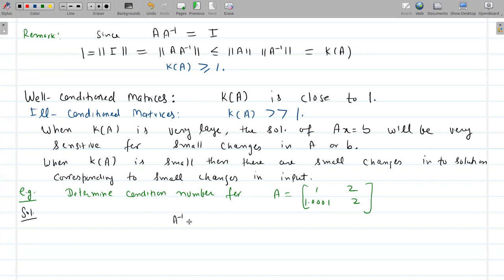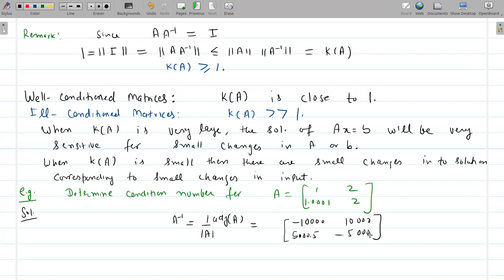So first find A inverse. You can find it by finding the adjoint, then dividing by the determinant of A. And this A inverse is minus 10,000, 10,000, 5,000, 0.5, and minus 5,000.